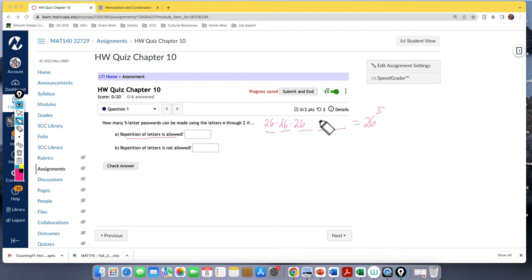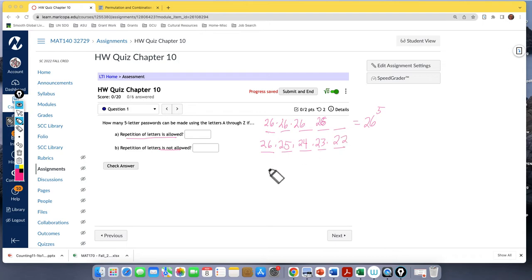Okay. So when we can repeat, it's not really a permutation, right? Because a permutation, we can only use it once. Repetition of letters is not allowed. Now this is a permutation. We could do it sort of in a similar way with the 5 slots and say 26 for the first, but once we use it, we can't reuse it. 25, 24, 23, and then 22.